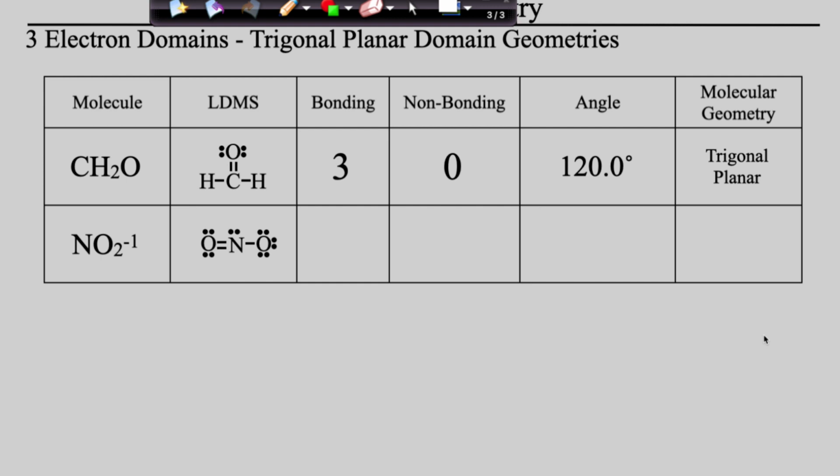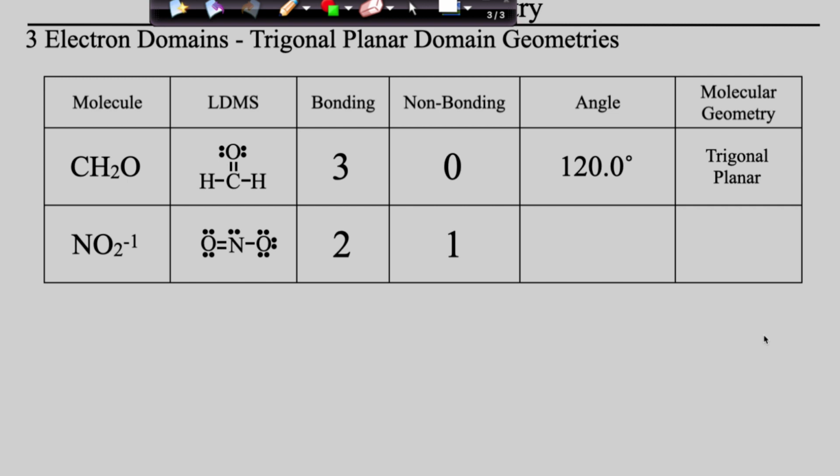All right, so you guys know where this is going because you're following the pattern. So looking at the one down below this, guys, now we have 2 bonding domains. We've got a double bond and a single bond, so we have 2 bonding domains, and now we have 1 non-bonding domain. And so guys, the idea is that the molecule looks like this. You've got a double bond to one of the oxygens and a single bond to the other. But again, guys, what's missing?